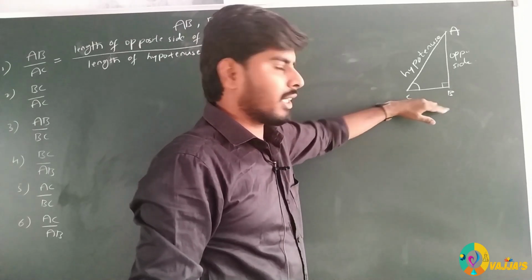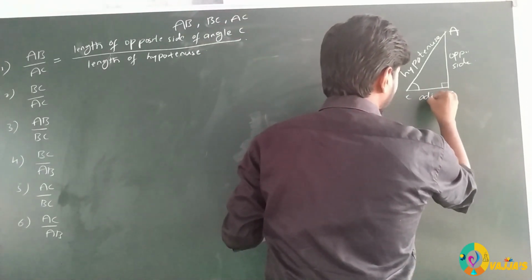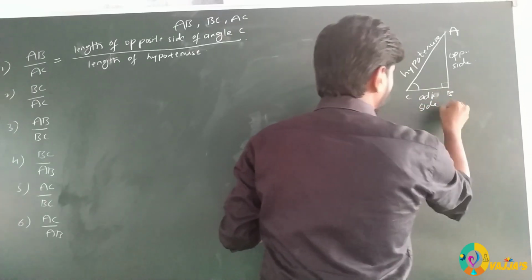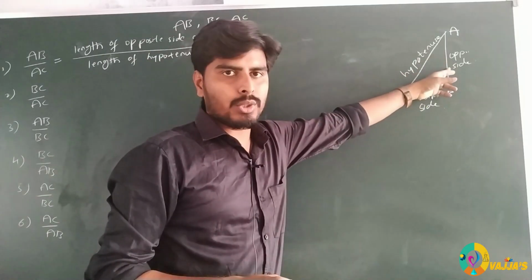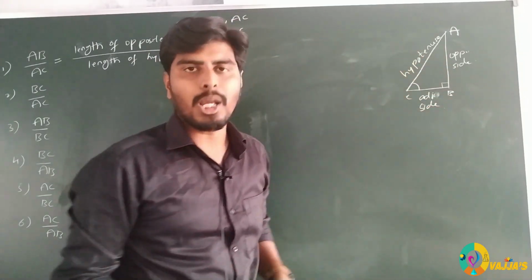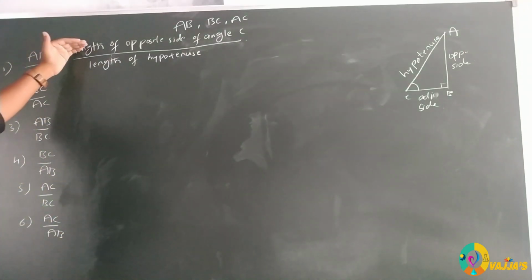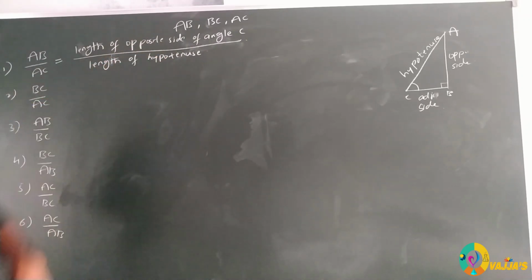This BC is called the adjacent side of angle C. So if I take angle C, AB is the opposite side, BC is the adjacent side, AC is the hypotenuse. That is why AB by AC is the ratio length of the opposite side of angle C by the length of hypotenuse.